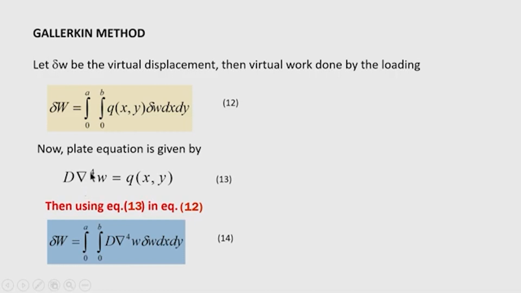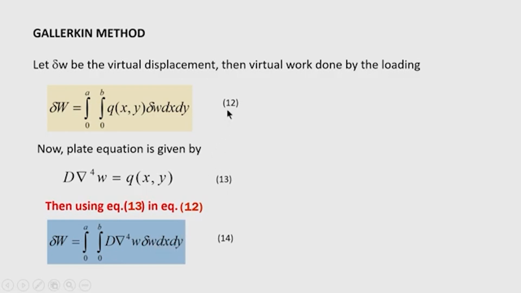Now, you see this expression, D del 4 W is equal to q(x,y). So, in place of q(x,y) we now put D del 4 W and we get again the virtual work expression as delta W equal to integration 0 to a, integration 0 to b, D del 4 W delta W dx dy.